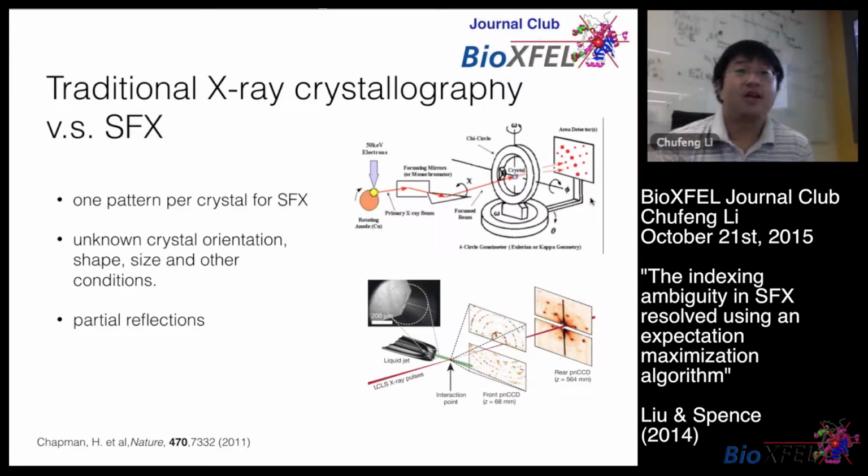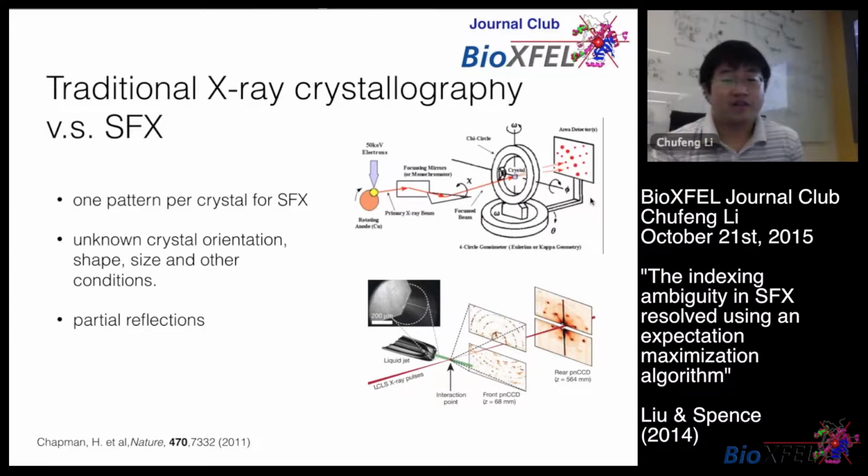In this way, we have full reflections recorded in the patterns, and the orientation of the crystals is well controlled and well known. Basically, the whole complete data set comes from the same crystal. So we don't have that many stochastic variables as in SFX.